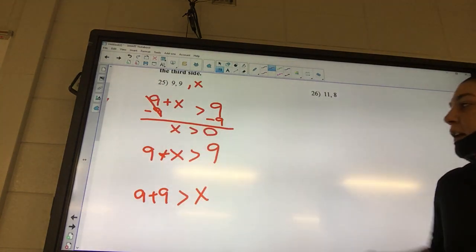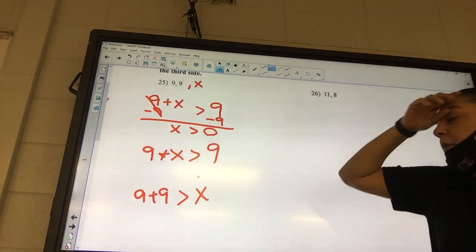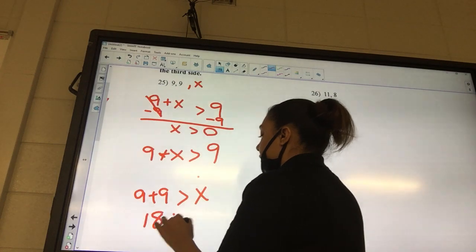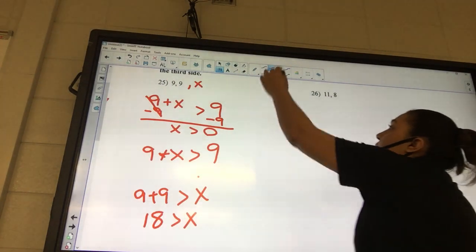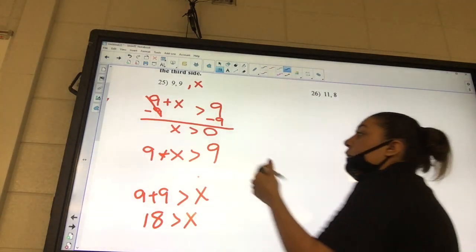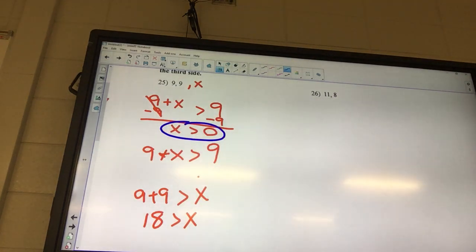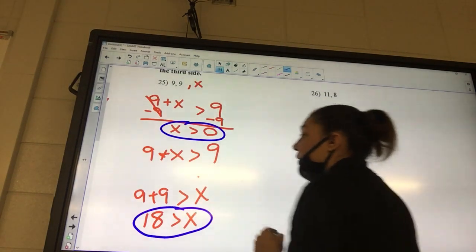Do you need to solve the second one? No, it's the same as the top one, so don't waste your time. Okay, and then the third one, I got 9 plus 9 is 18 is greater than x. Okay, so x is greater than 0. Will that work? Yes, it does. Okay, what about 18 is greater than x? Does that work? Yes. So as long as it's not a negative, it's fine.